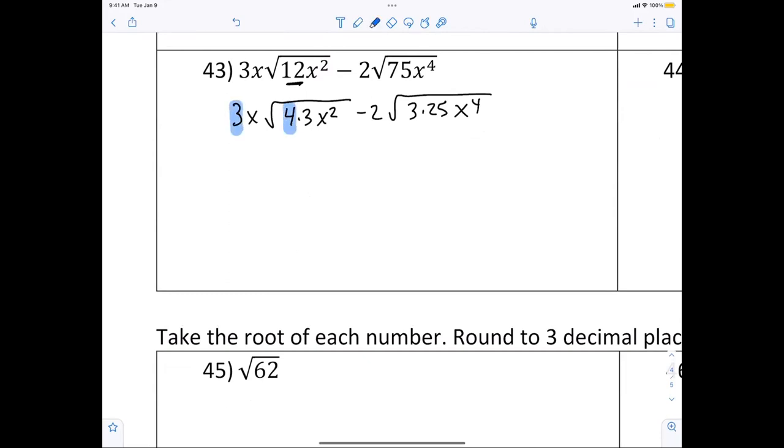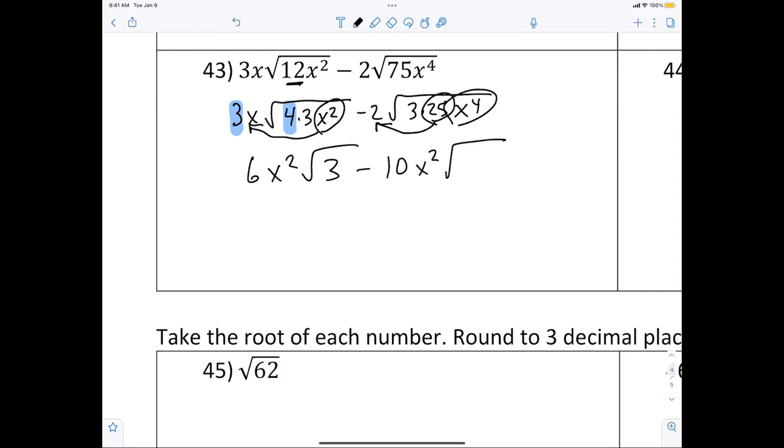So that comes out as a 2. What's the square root of x squared? So there's already x out there, so what does it become? Good job. Now square root of 25. Square root of x to the 4th. Yep. And what's left behind? Good.